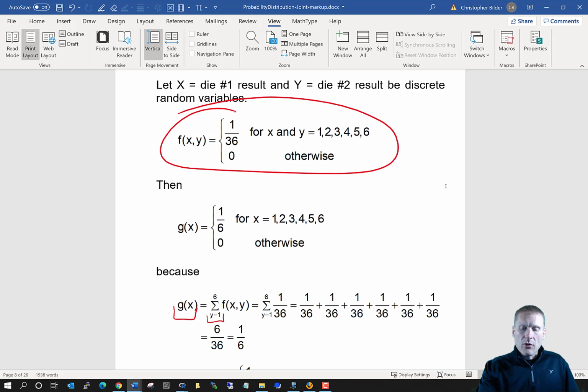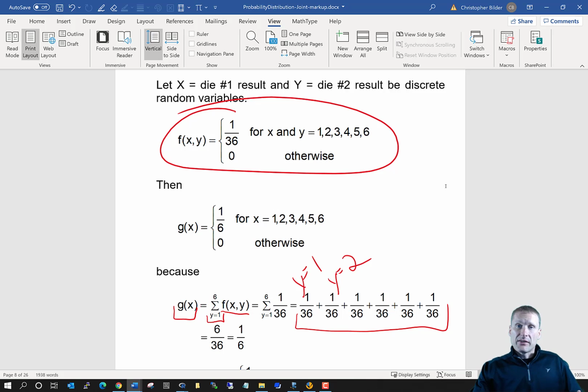In other words, sum over y equal 1 to 6 of f of x, y. And because this is such a simple joint PDF to work with, when y is equal to 1, I have a 1 over 36. When y is equal to 2, I have a 1 over 36, and so on.